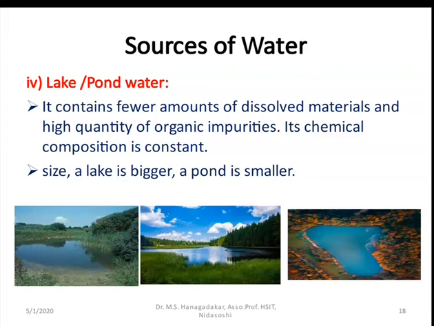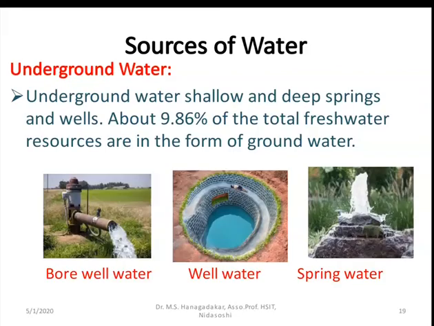It contains a few dissolved materials which are available in the specific area of land, and it contains a high quantity of organic impurities, and its chemical composition remains constant. As you know very well, a lake is bigger, and a pond is smaller. So this is what we have about surface water.